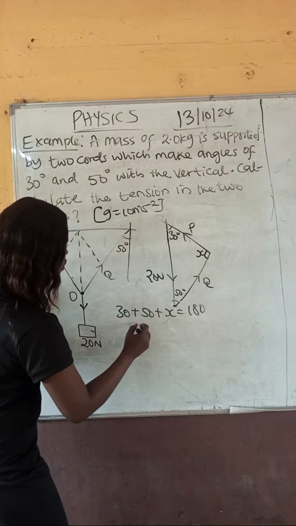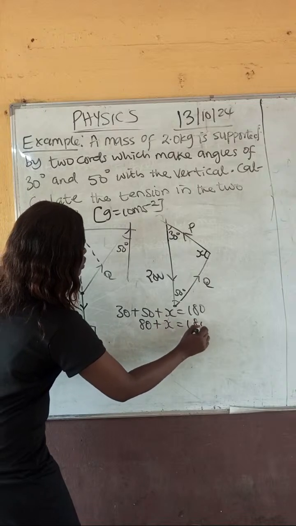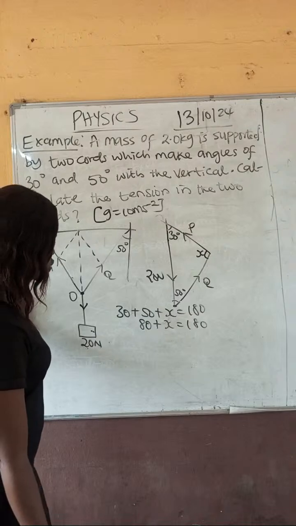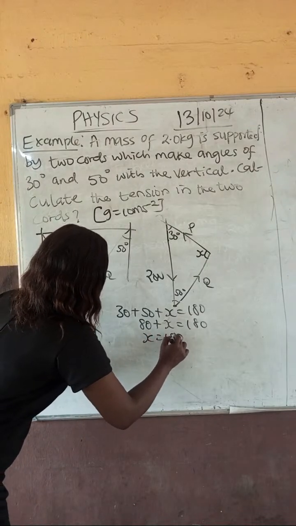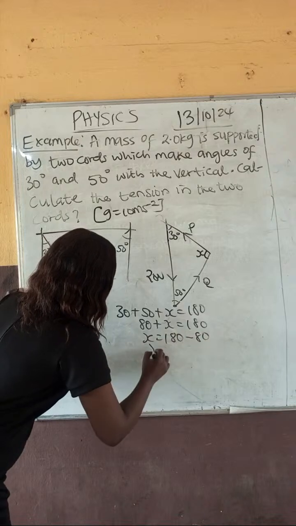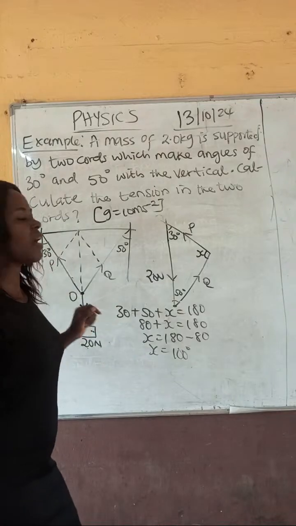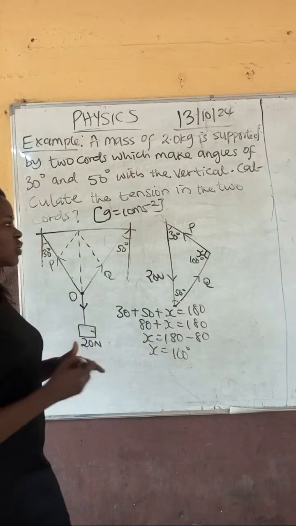30 plus 50 is going to give me 80. Then plus x is equal to 180, right? Now, if it is equal to 180, I will say x is equal to 180 minus 80. x is equal to 100 degrees. If you have gotten that, we can now replace our x here with 100 degrees.